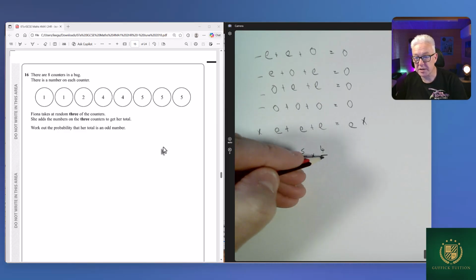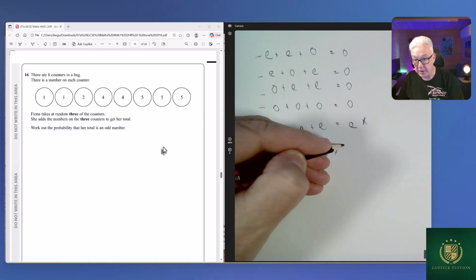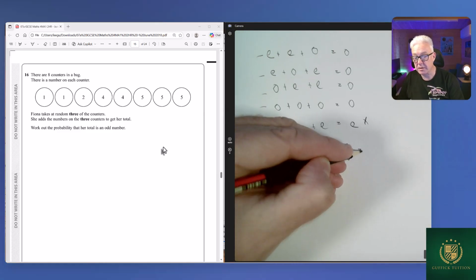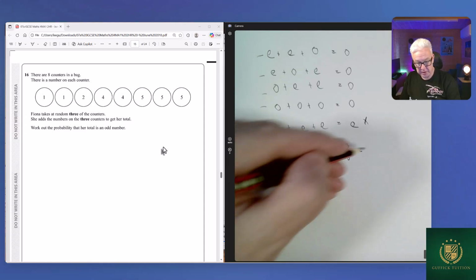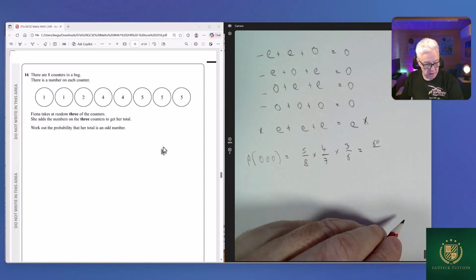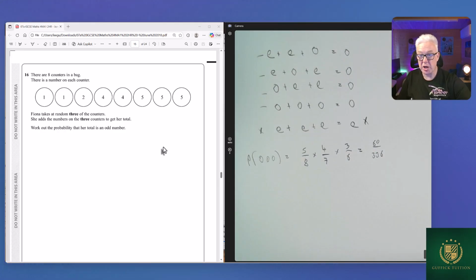Now, when Fiona goes to select the next counter, it's going to be 4 over 7. And then the next counter is going to be 3 over 6, because they are without replacement. So therefore, that's going to give us 60 over 336 when we work that out. Let's just double check by doing our 8 times 7 times 6, which is 336.